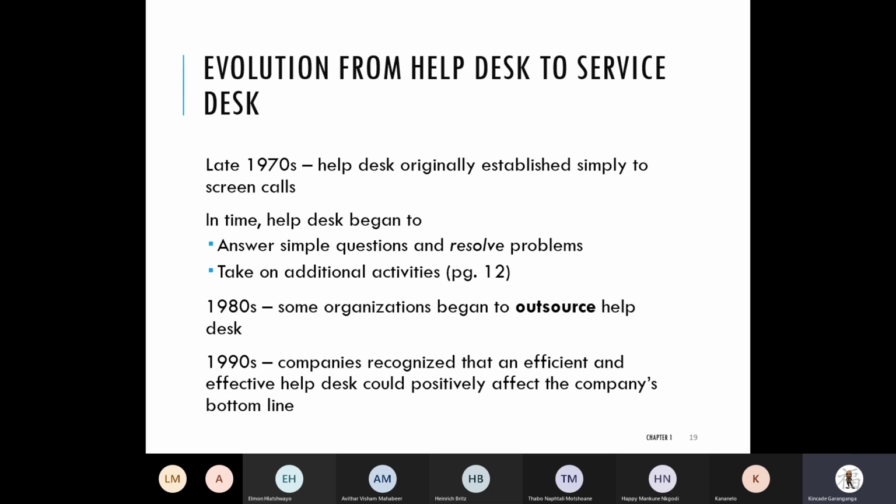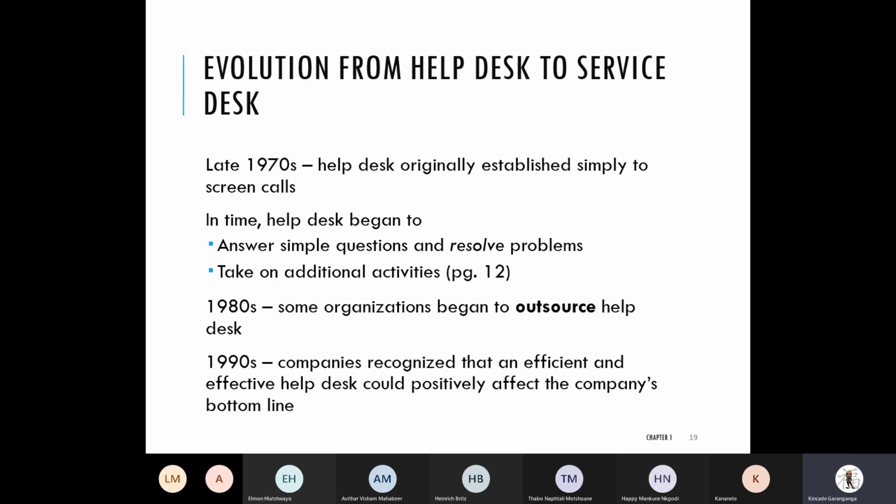If you look at page 12 in your prescribed textbook, you've got that particular information incorporated there. And then as the need grew with that evolution, some institutions and organizations, instead of having their own internal platforms resolve these issues, ended up outsourcing the help desk.